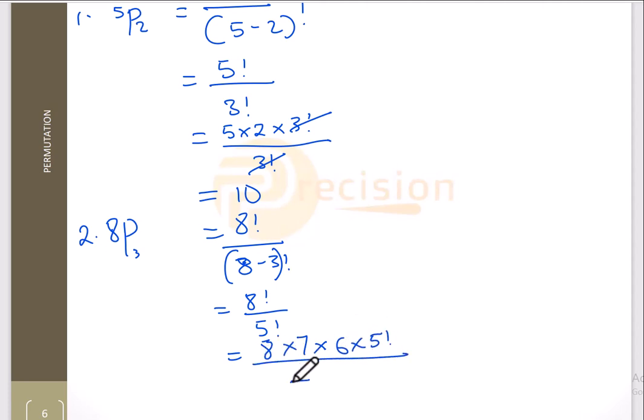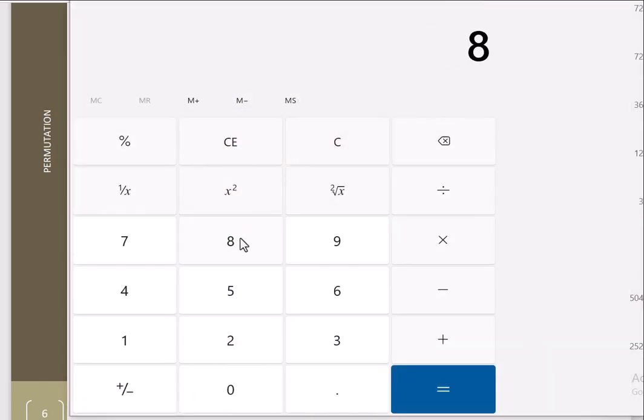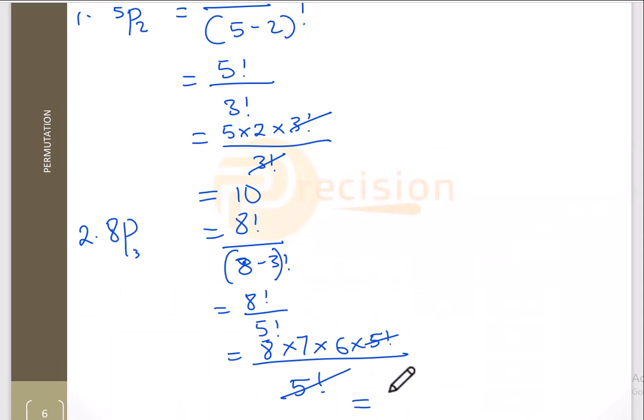All over 5. So cancel out this, and the final answer becomes 8 times 7 times 6. So let's do that together. 8 times 7 times 6, and that's 336. So I have 336. They did not ask for ways, so there's no need adding ways.